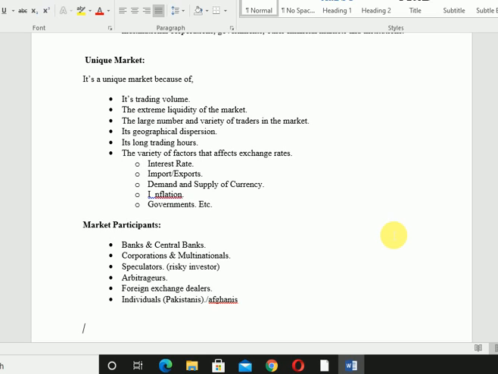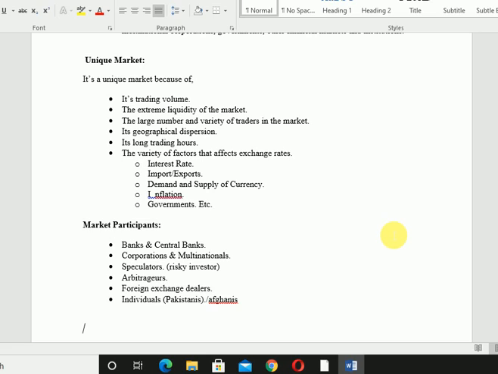As I discussed before, multinational corporations also take part in the forex market because they need different types of money. Similarly, governments also take part, central banks, commercial banks, all the other financial institutions, as well as individual people, like me and you. So this also creates the uniqueness of this market.